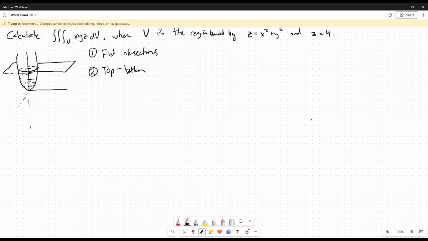Okay. So what are my intersections? Well, where does z equals x squared plus y squared intersect z equals 4? That's going to be on the curve. On the curve, 4 equals x squared plus y squared.